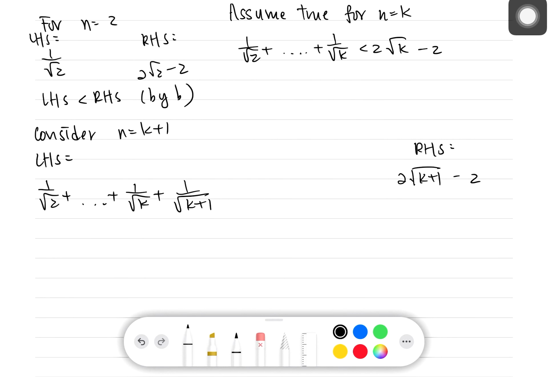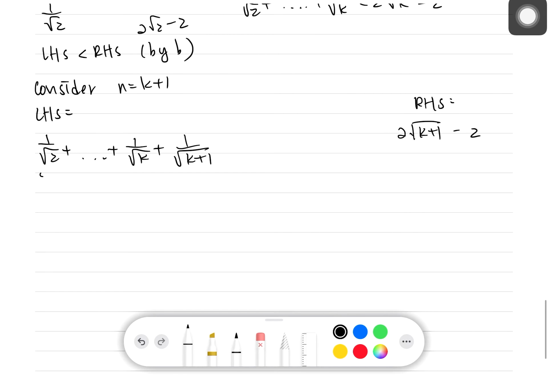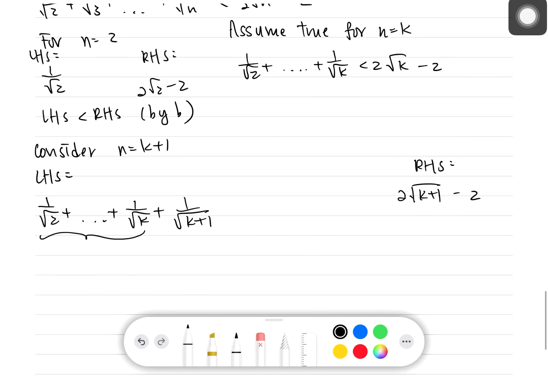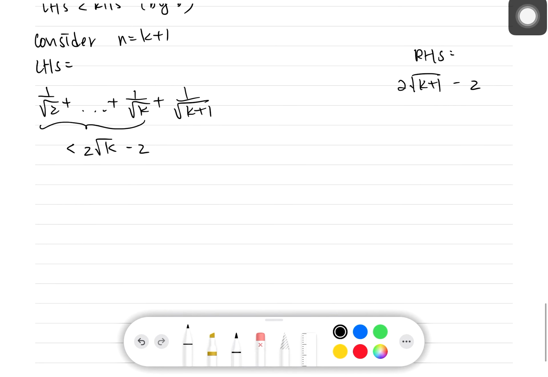Now, if you remember, the main approach to solving induction problems with an inequality in it is to modify the left-hand side and then solve another inequality. So we know that this portion is smaller than this. As a result, we know that the left-hand side is smaller than 2 root k minus 2 plus 1 over root k plus 1.